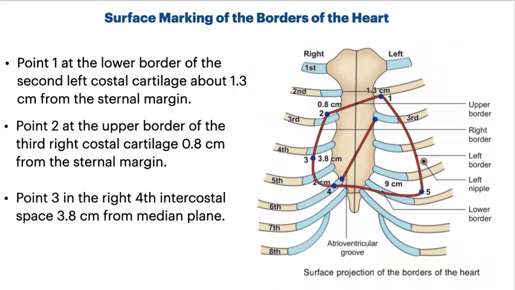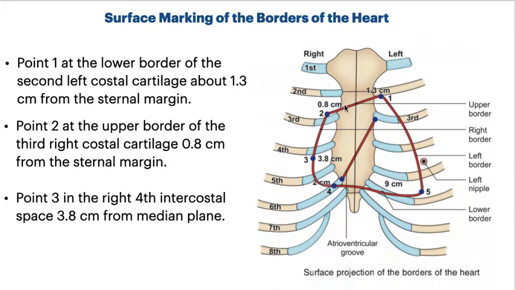Now, very important: the surface marking of the borders of the heart. Point 1, at the lower border of the second left costal cartilage. The second costal cartilage can be easily identified because it lies at the sternal angle, about 1.5 centimeters from the sternal margin. Point 2, third right costal margin.